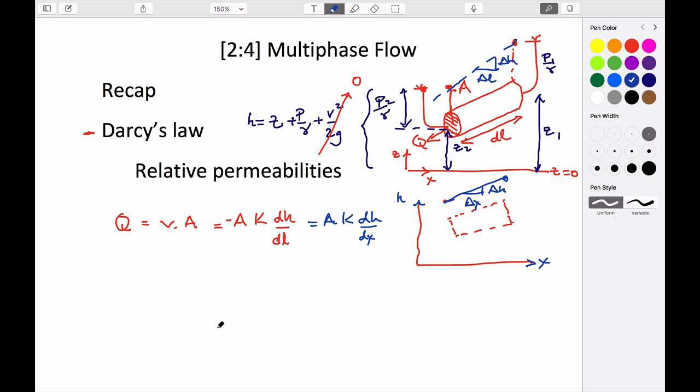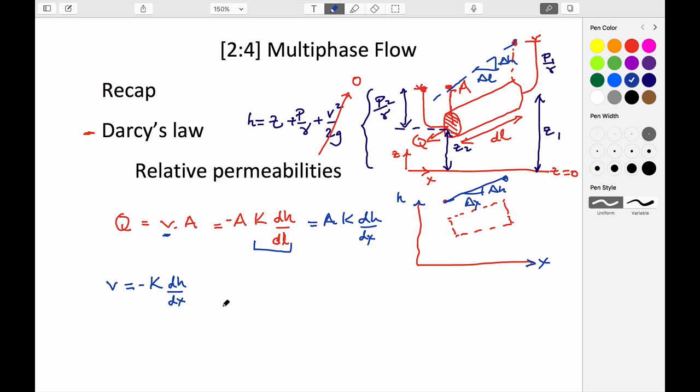So what we could do, I suppose, is if we wanted to write Darcy's law in terms of a velocity, then we can do that, which is just this. So we haven't done anything, we just divided both sides through by area in these cases, and we end up with this term here.